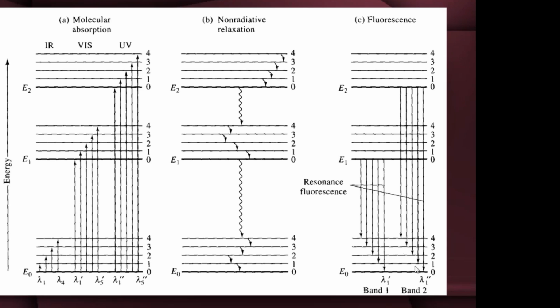So progressively the wavelength becomes shorter as you go from left to right here. Similarly, if the excitation has taken place to the higher electronic state, then there will be vibrational relaxations to the lowest vibrational level of E1, from which there could be radiation being emitted. That is, fluorescence may be emitted.